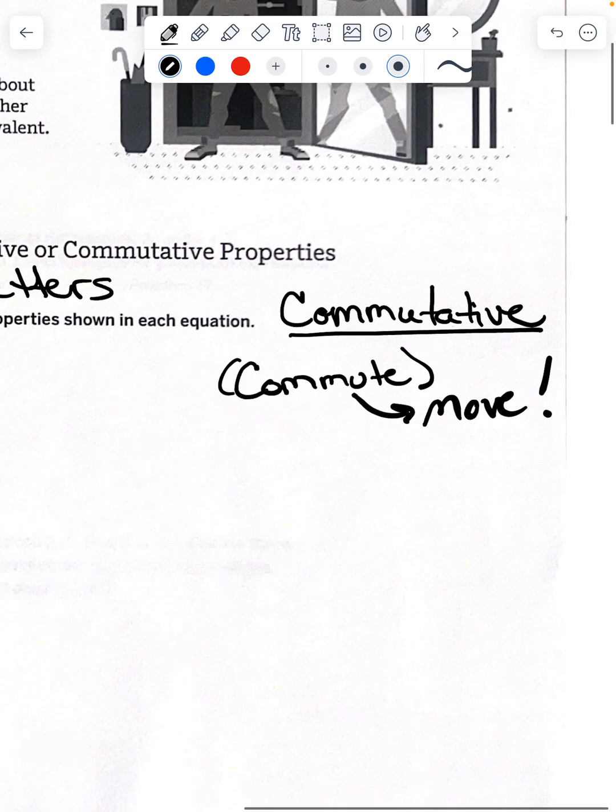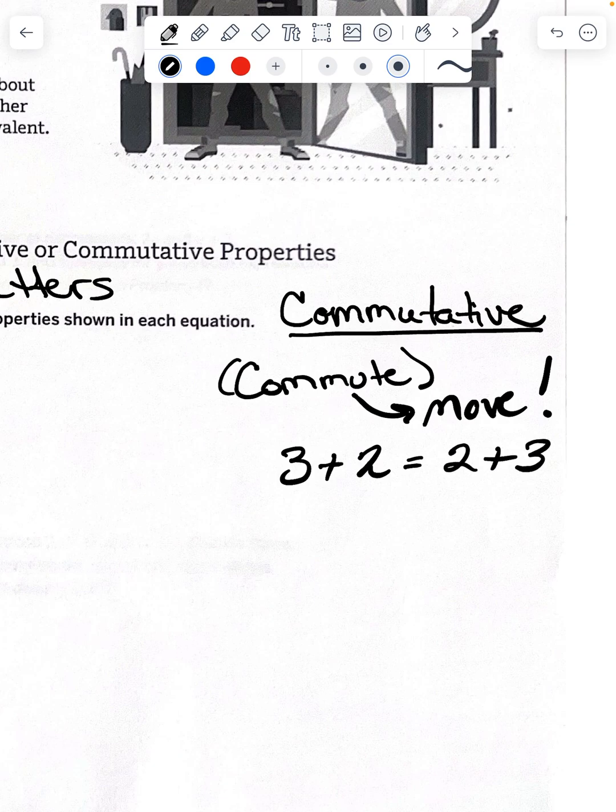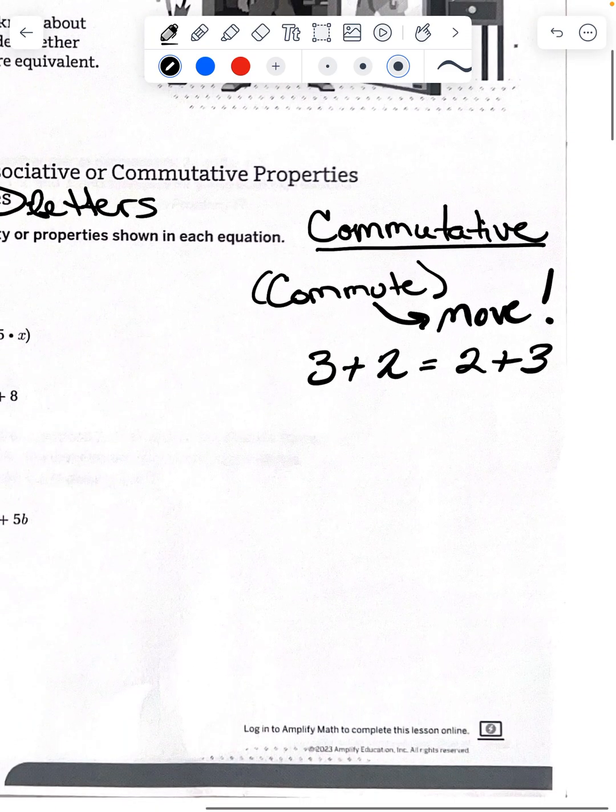So for example, if I said 3 plus 2 is the same as 2 plus 3, that's the commutative property. They commuted, they moved spots, the answer is not going to change. No matter what, we're going to get 5. So when you think of the word commutative property, think of the word commute, to move, okay? You're moving from one spot or one location to the other, okay?